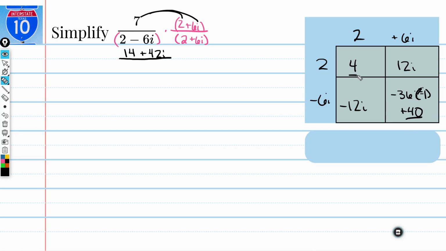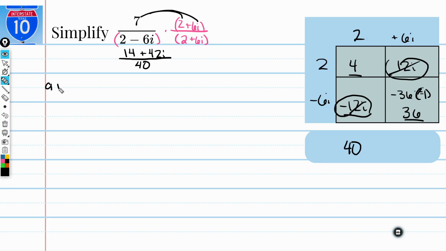And so when we add together our real part, 4 plus 36, we end up with 40. And when we add together our imaginary, they cancel out. So it leaves us the denominator of 40.